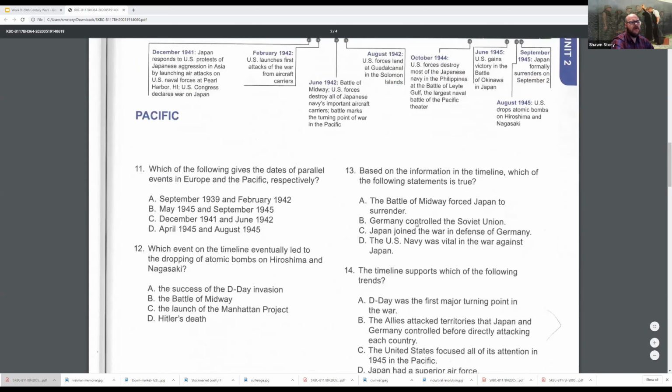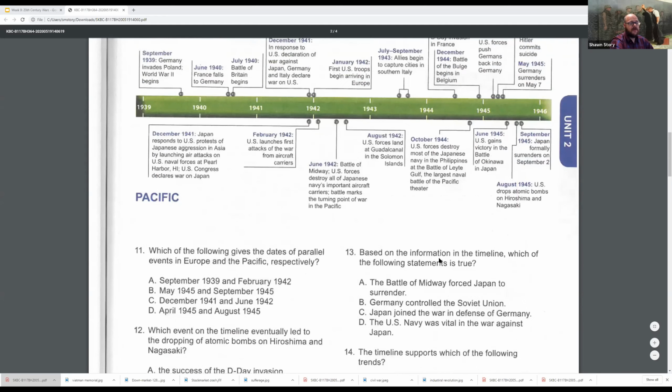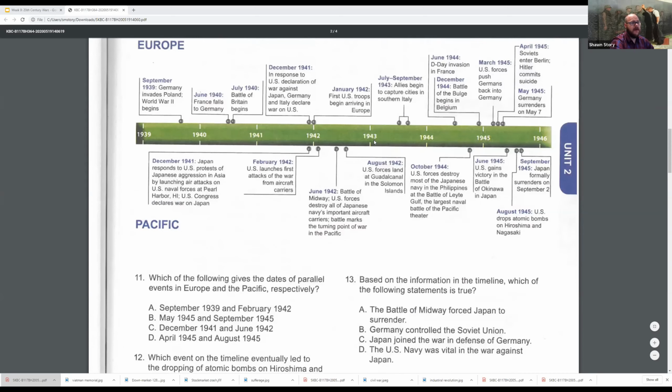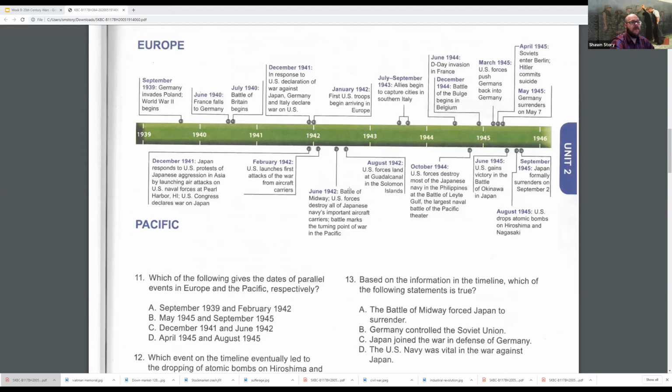Let's look at 13. Based on the information on the timeline, which of the following statements is true? The Battle of Midway forced Japan to surrender. Germany controlled the Soviet Union. Japan joined the war in defense of Germany. The US Navy was vital in the war against Japan. So let's look at some of these. Battle of Midway forced Japan to surrender. I'm scanning our text for the Battle of Midway.